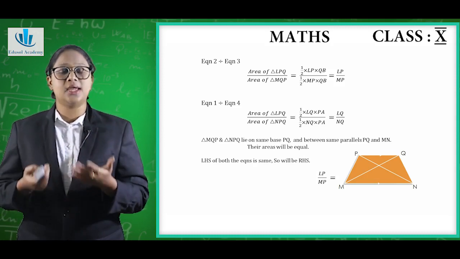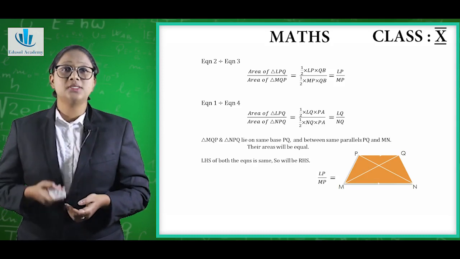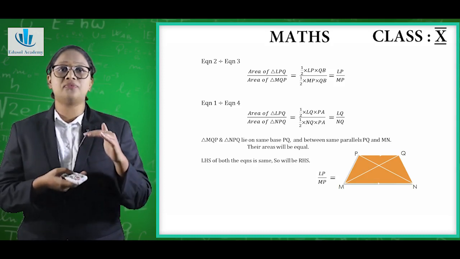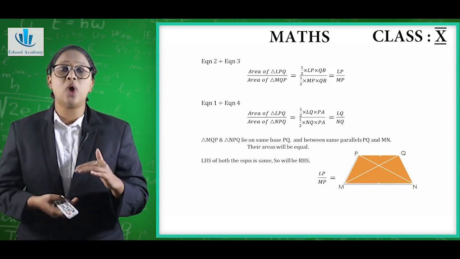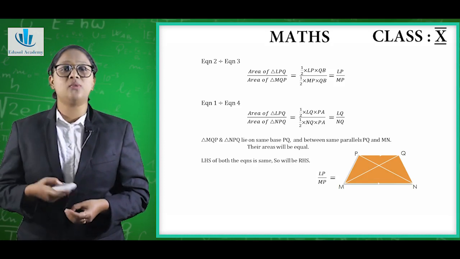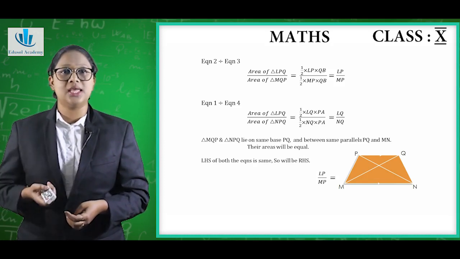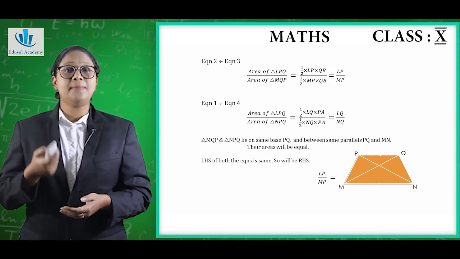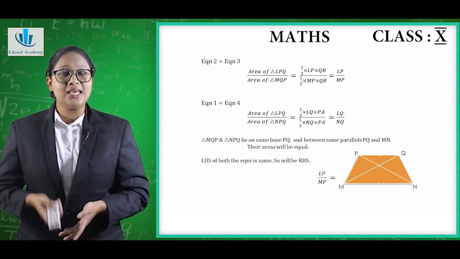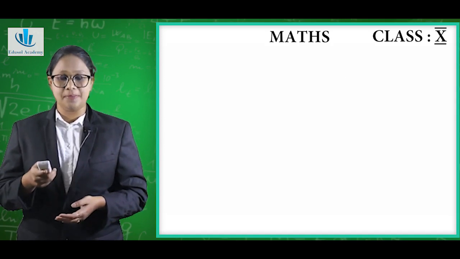We can say that their areas are the same. So we can see the equation 2 by equation 3, the LHS of that equation, and equation 1 by equation 4, those have become the same, which means that we can equate RHSs. That means LP by MP is equal to LQ by NQ, hence proved. That's all about the proof for BPT.